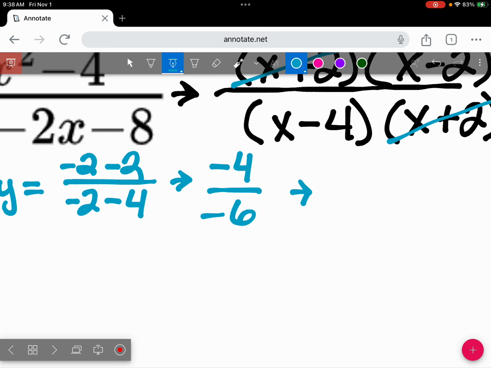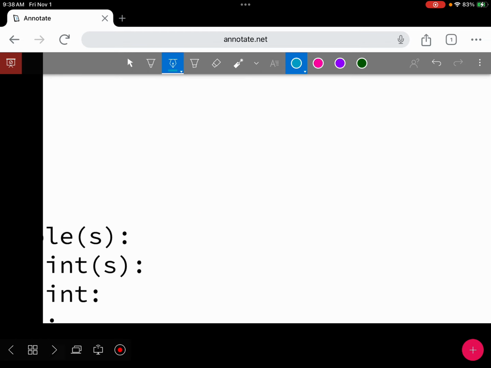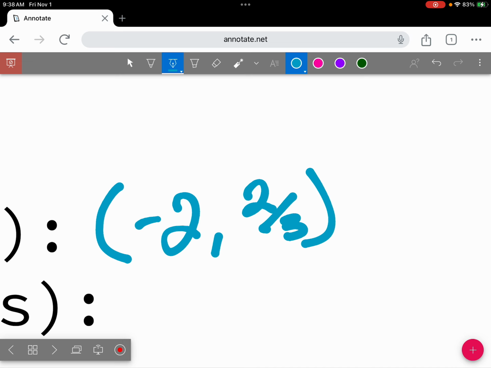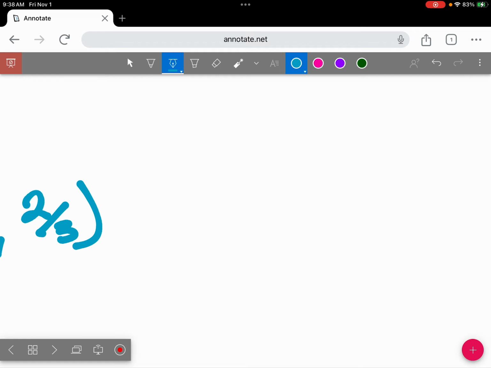So the y value is going to be 2/3. So our discontinuity is at the point -2, 2/3, which is kind of icky, but we can do that.